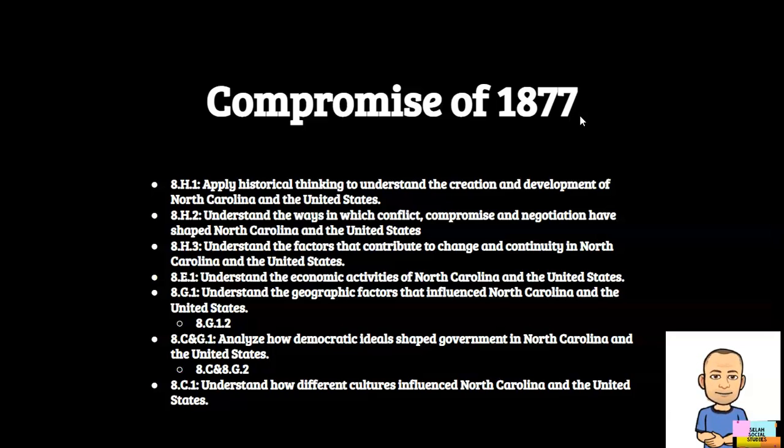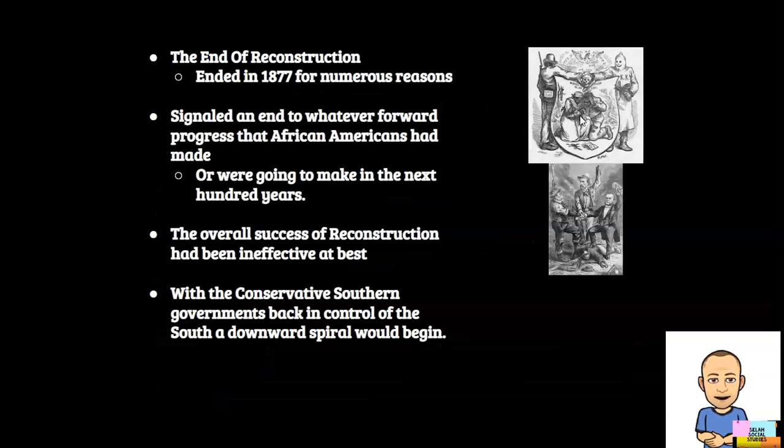Remember that date, 1877. That's key. Alright, so there were a series of events that led to the demise of Reconstruction in 1877. There's your key date, the end of Reconstruction. And regardless of the reasons, the extinguishing of Reconstruction ended whatever forward progress African Americans had made until then and jeopardized any progress that would be made in the future.